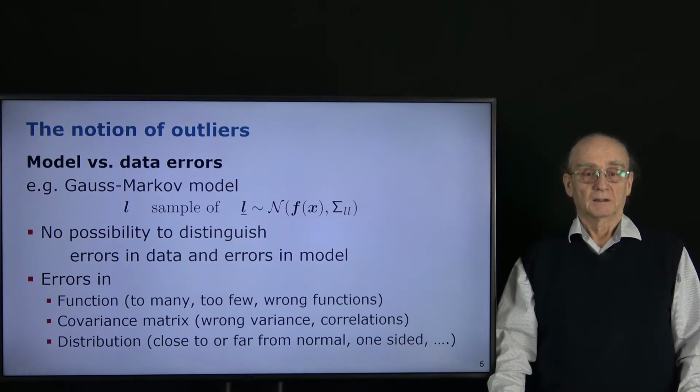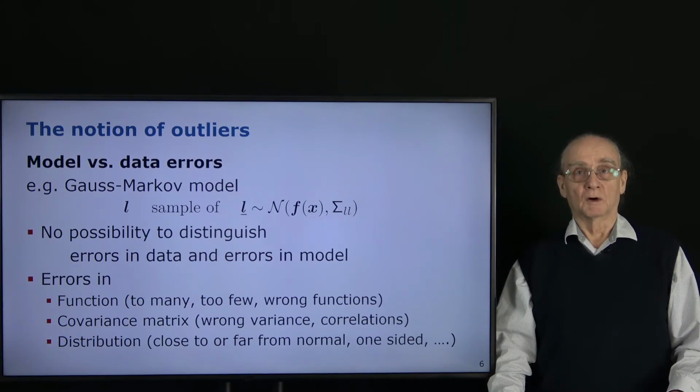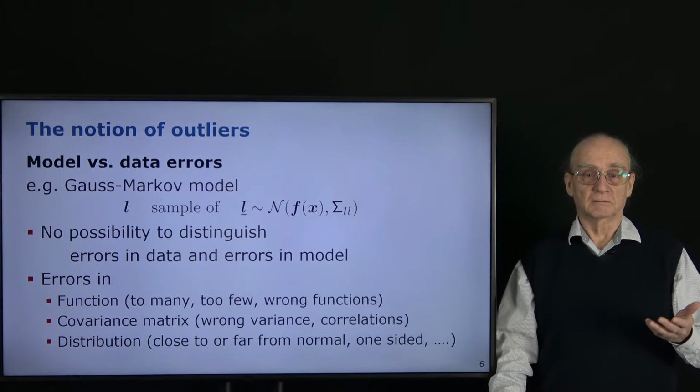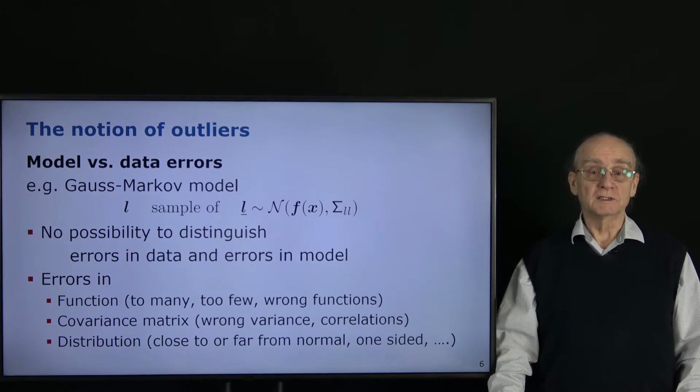Now, if there are errors in the data or errors in the model, we will not be able to distinguish these 2. So if there is a discrepancy, for instance, our estimated variance factor doesn't come out as 1, not even 1.1, but as 5, we have no idea what the reason might be.